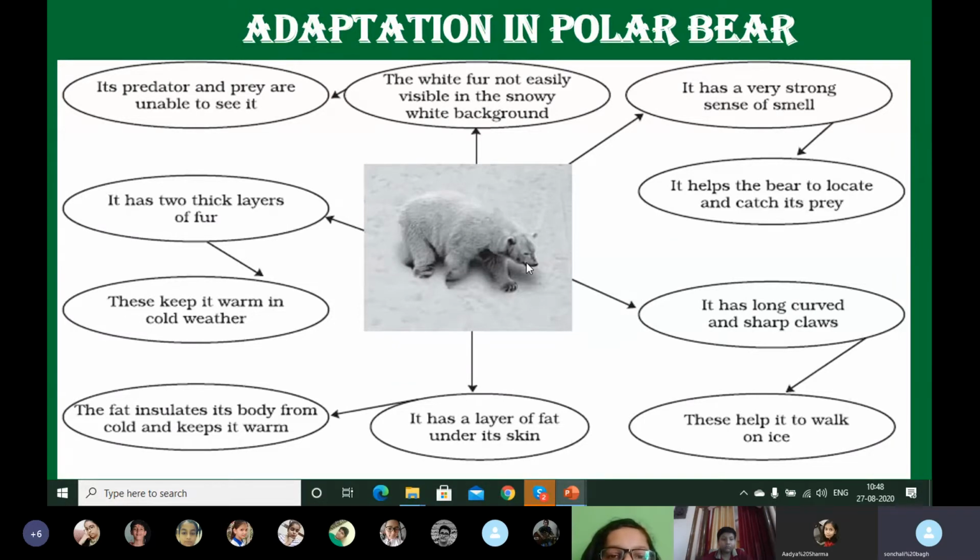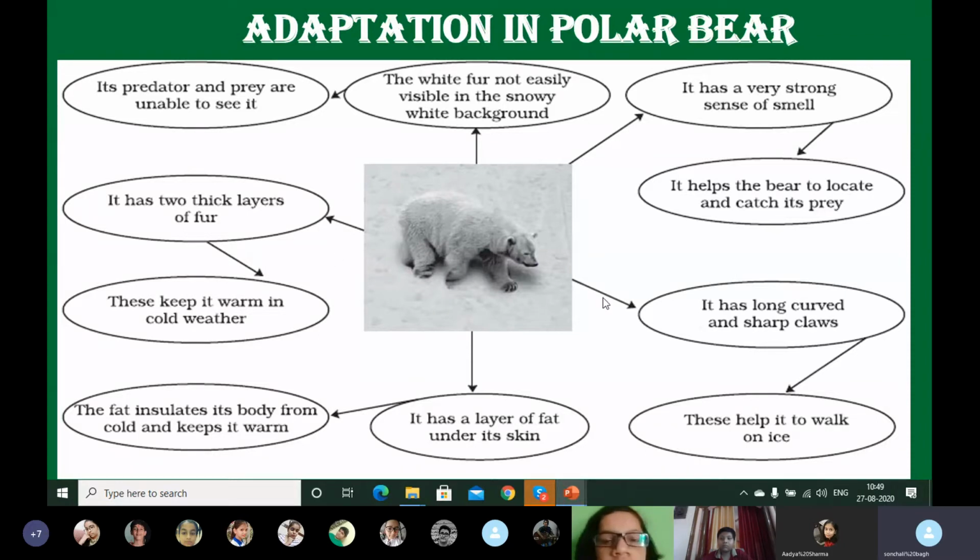Now it has a strong sense of smell which helps it locate its prey from a very long distance. Since it walks on four legs, it has long claws which help it get a tight grip on the snow, so it can walk easily.